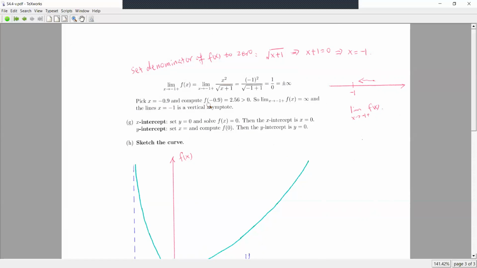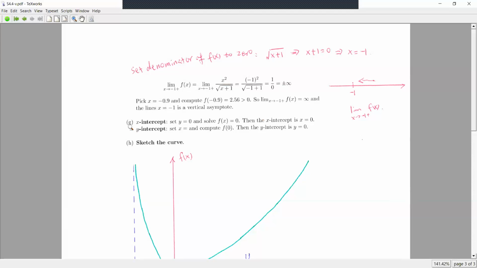Then compute the function value at -0.9. Plug in -0.9 for x, I get a positive number. That means when x is very close to -1 from the right, the function value is positive. Therefore, this infinity is a positive infinity. Now the limit is infinity, so -1 is a vertical asymptote.